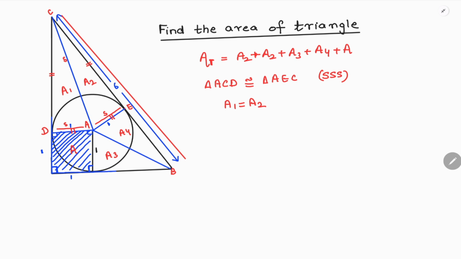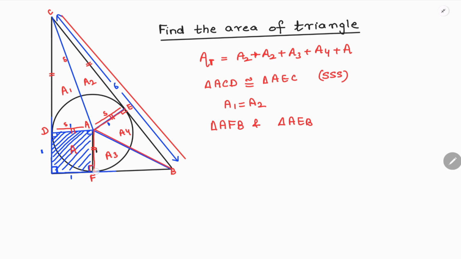Now look at this triangle. If I say this is F, look at triangle AFB and triangle AEB. This is a right angle triangle, and this is a right angle triangle. One side is equal, and the second side is also equal because it is the common side.